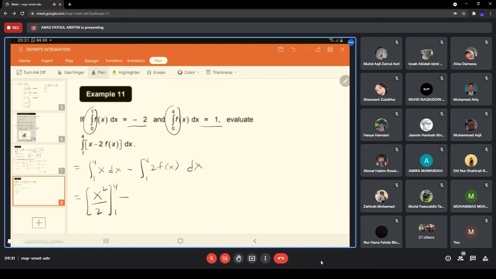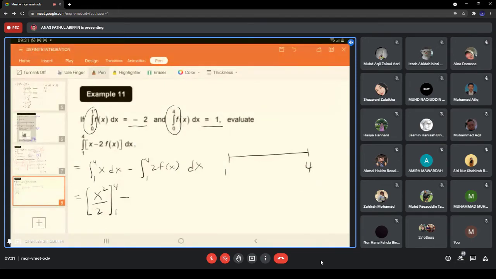Kita ada integrate 1 ke 4, tapi kat sini dia bagi 0, 1 and 0, 4. Maksudnya kita boleh guna yang 0, 1 and then pergi ke 1, 4, tapi 0, 1 tu kita kena tukar tempat untuk dapatkan yang terbalik nanti.